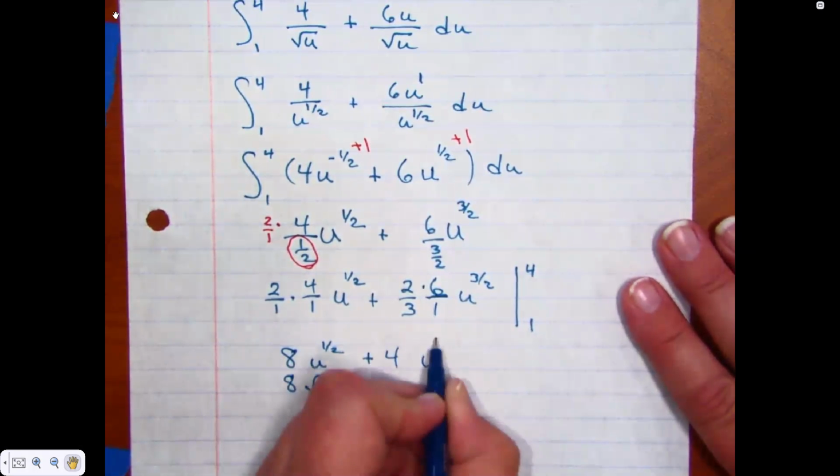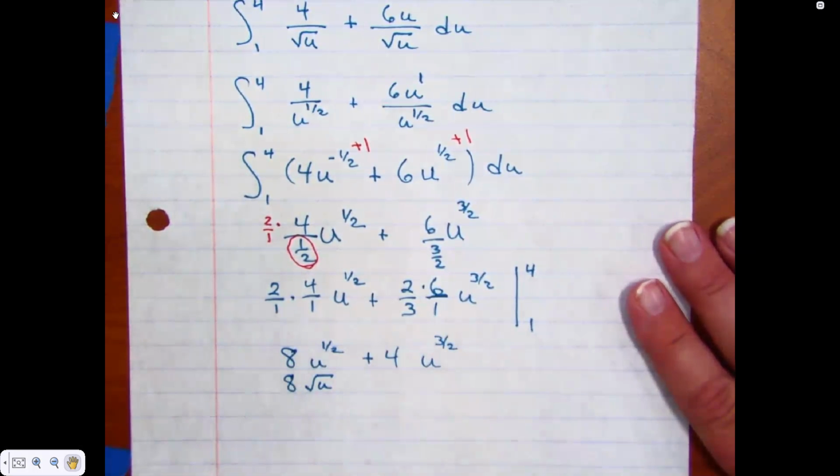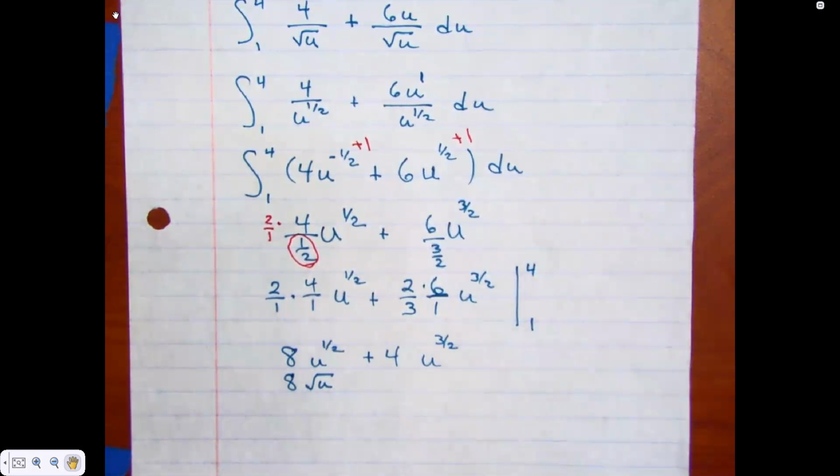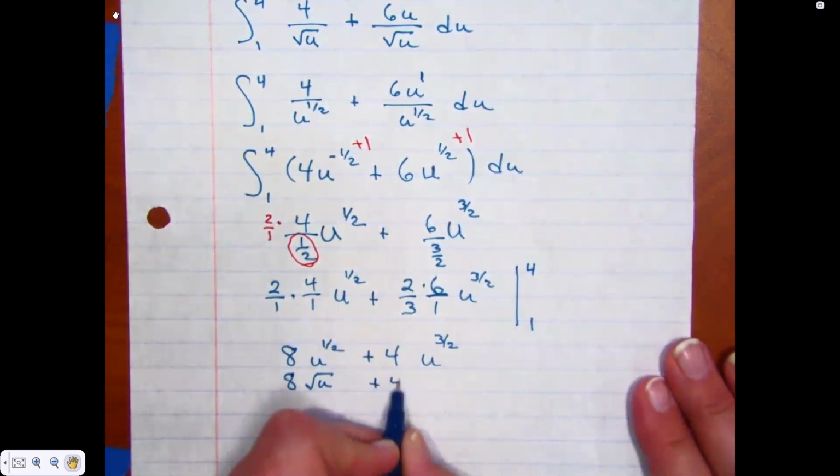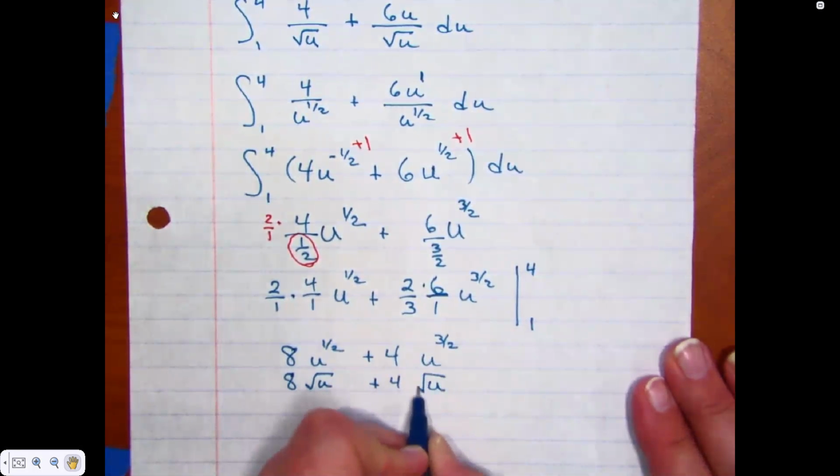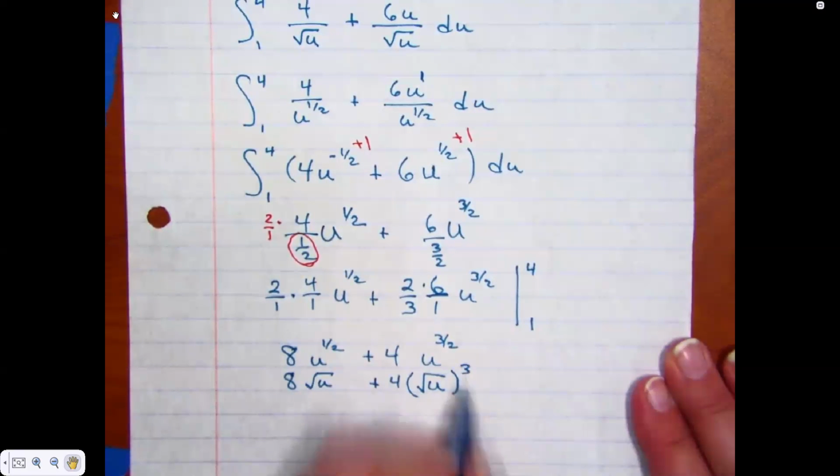This one's maybe a little bit harder. 4u to the 3/2. We could write this as taking the square root, that 2 is the square root, and then cubing your answer. We're going to take that bottom as a 2, so we're going to take the square root and then cube the answer.